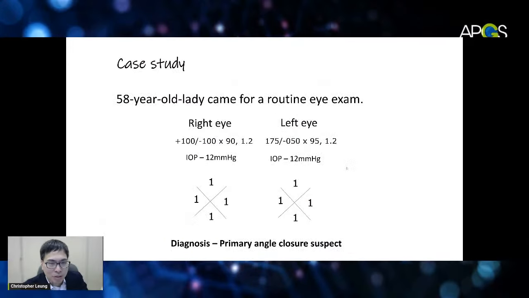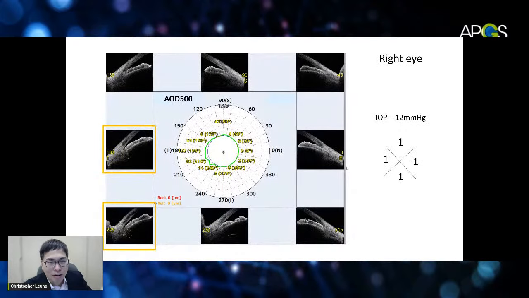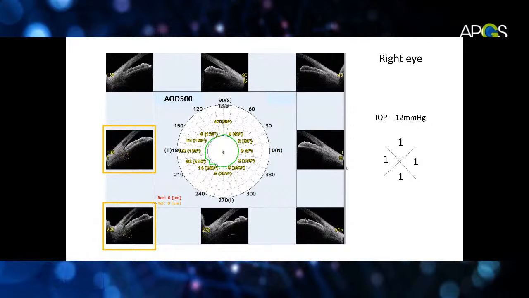Now, coming back to this case, we actually have a very divided opinion. Half of our audience would perform an LPI and half of you would not. Now, I'm going to show you this picture. We have a little bit more information. Back then, with this pressure level, this patient is still regarded as PACS because there's no evidence of IOP elevation and PAS.